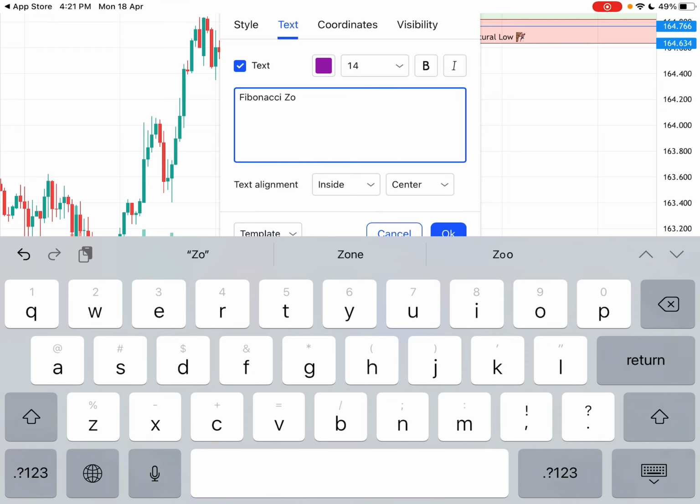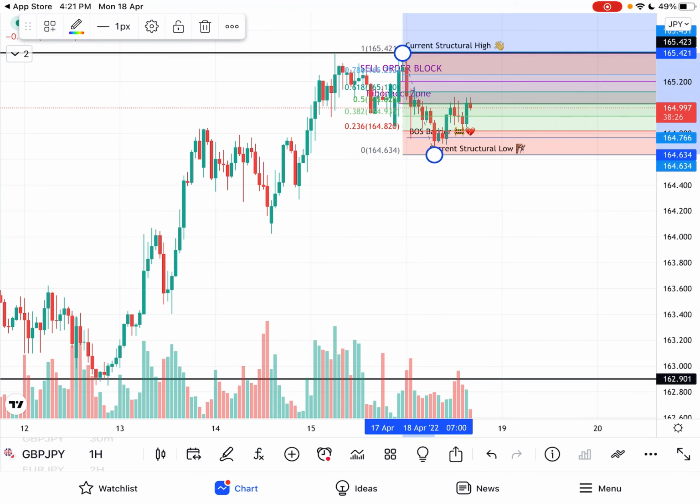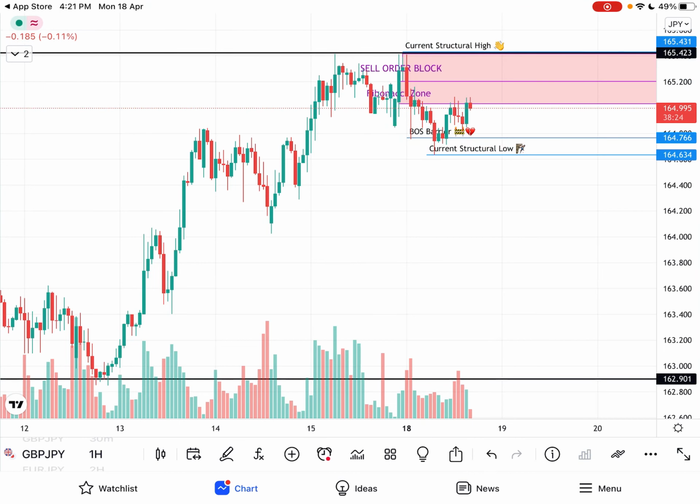Okay, let's name it the Fibonacci zone. The Fibonacci zone for what? For our entry. That is it. Okay, so now we can take the Fibonacci itself off of our chart.